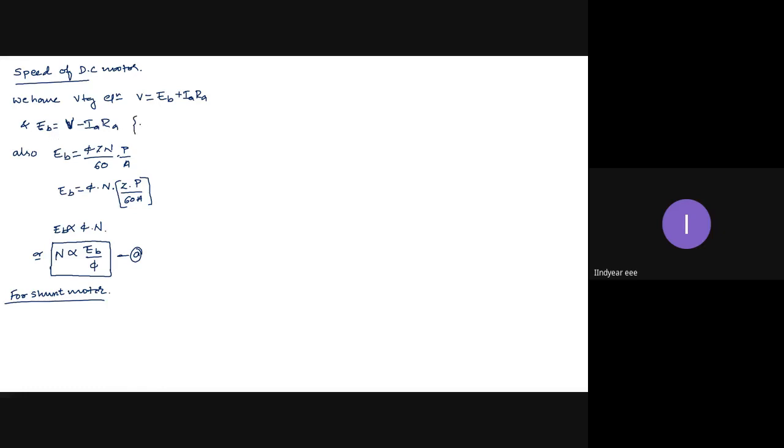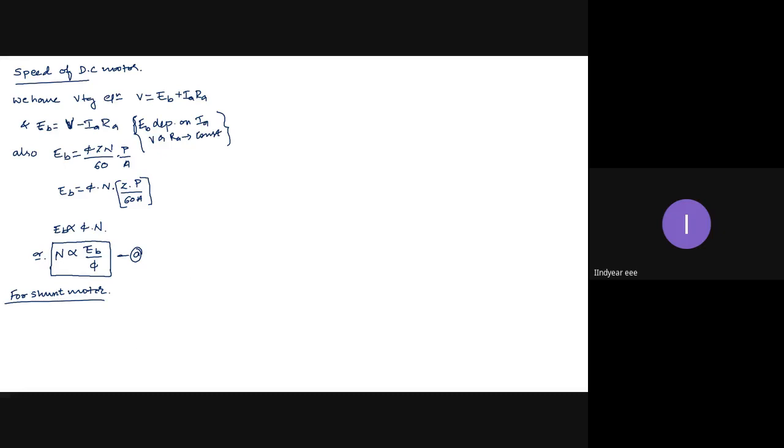We can take a quick reference here. EB, I cannot say proportional. EB depends on IA, as V and RA are constants. Now, when the load varies, EB varies.